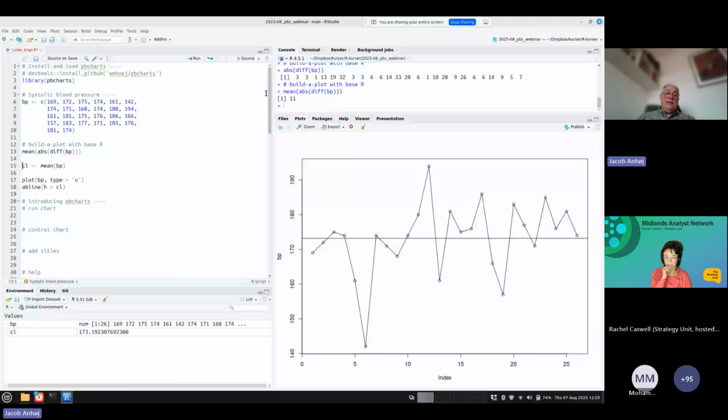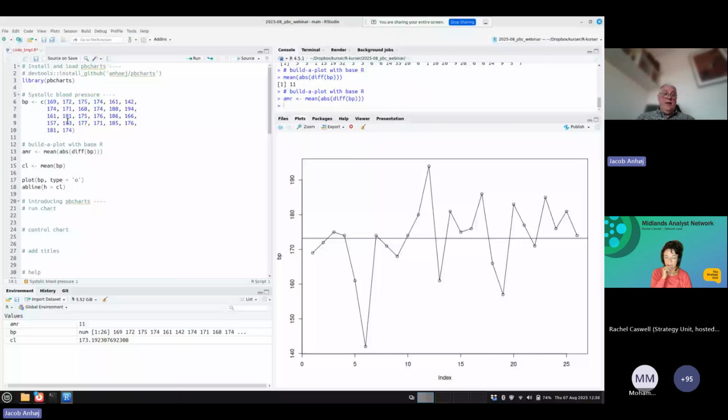This parameter is important for calculating the standard deviation. We call this the average moving range, assigned to a variable called AMR, and then we can calculate the standard deviation as AMR divided by a constant, 1.128. This is the standard deviation.